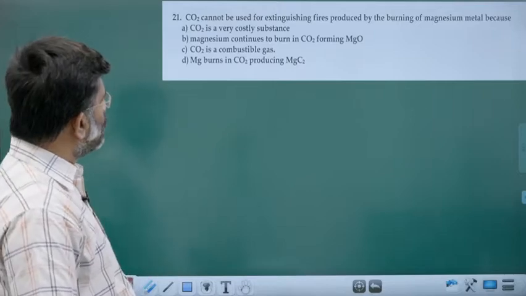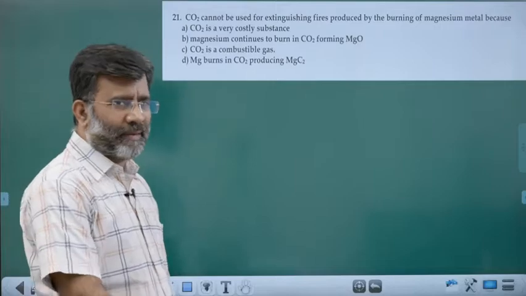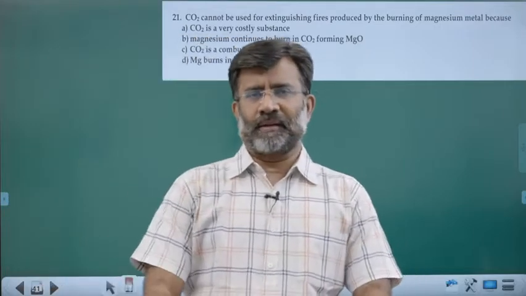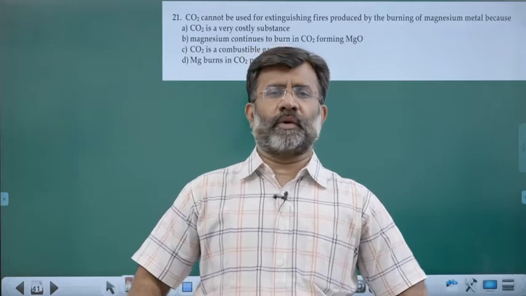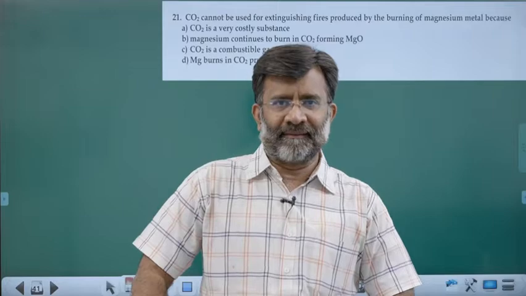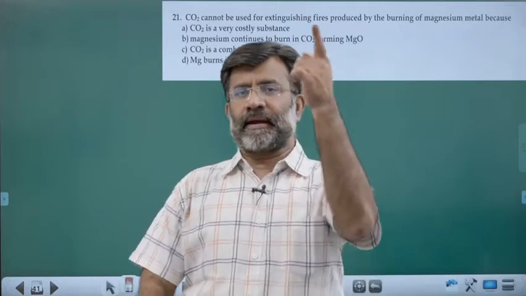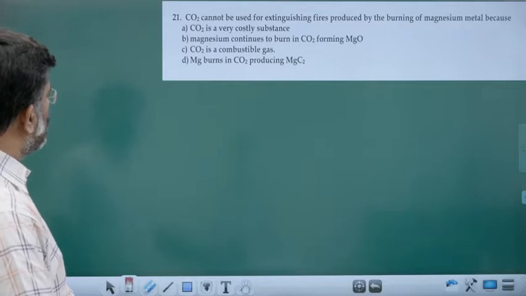CO2 cannot be used for extinguishing fire produced by burning magnesium metal. You might have learned that when magnesium metal is burning, you can't use carbon dioxide as a fire extinguisher because magnesium can interact with the CO2.